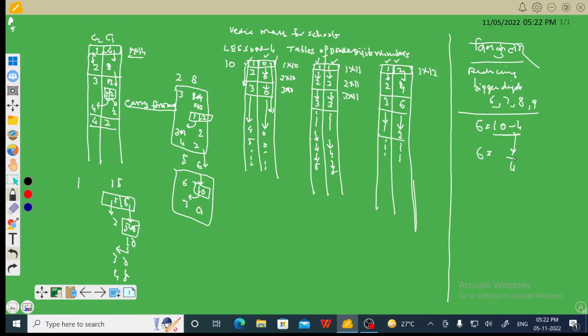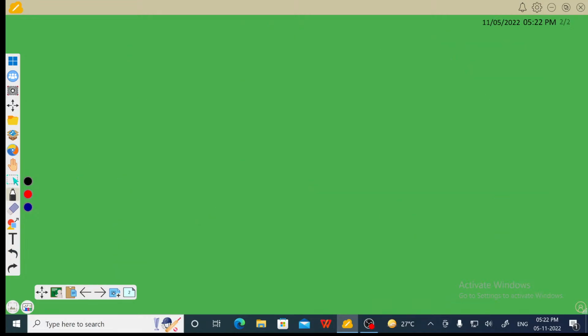And this expression of 6 as 10 and 4 bar will be written as 1 and a 4 bar. Let us sit comfortably and learn this unique technique of Vedic mathematics of vinculum.